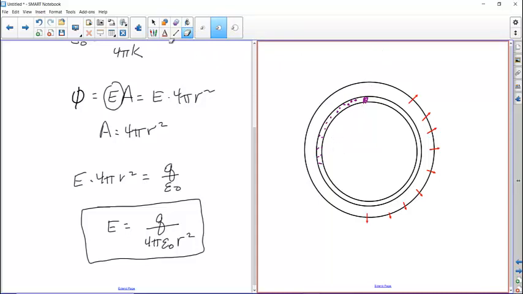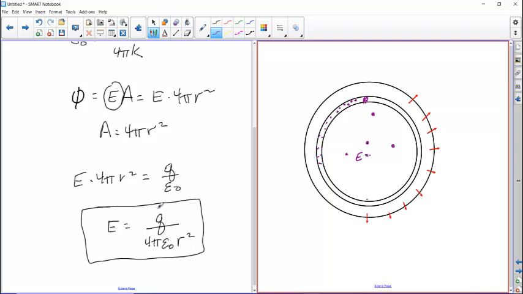Another thing is if you go to the inside of the sphere, anywhere in the center or anywhere inside these charged particles which are on the surface of this hollow sphere, the electric field inside is 0 everywhere. So even if you're very close to the inside surface or at the middle, anywhere in here, the electric field is 0.